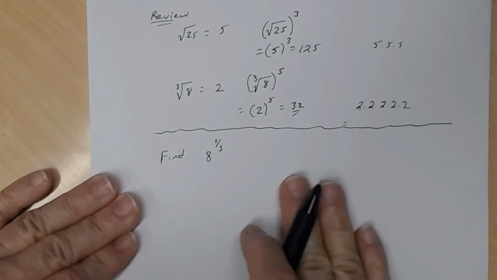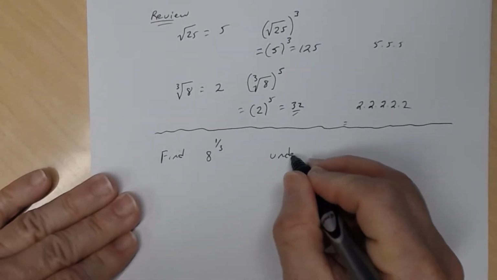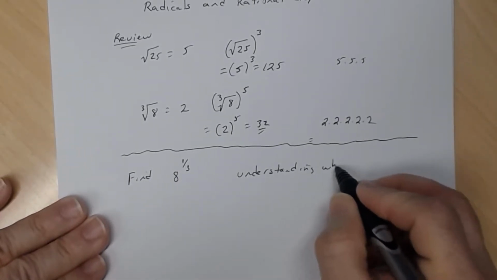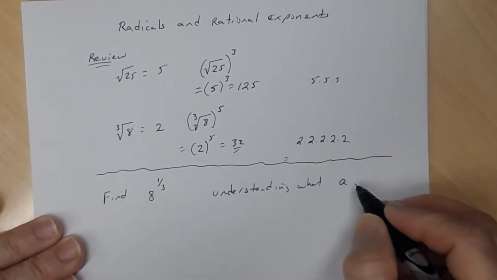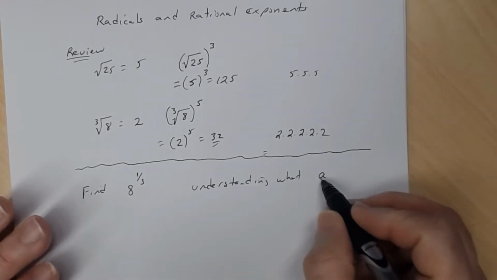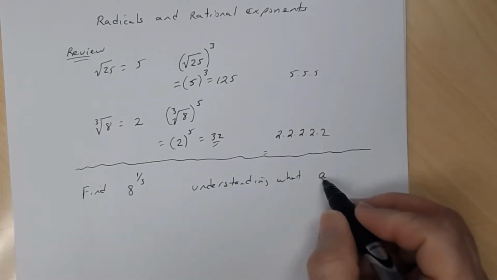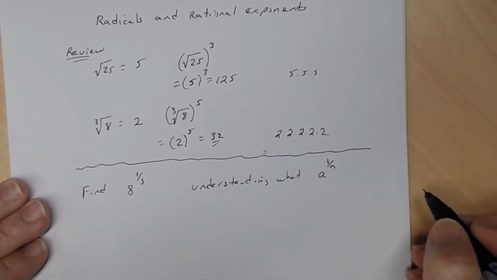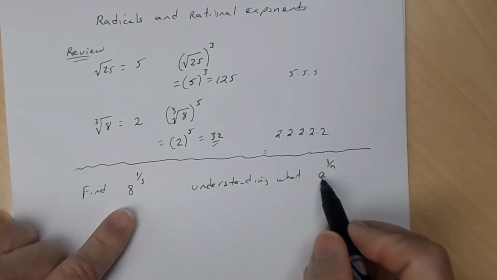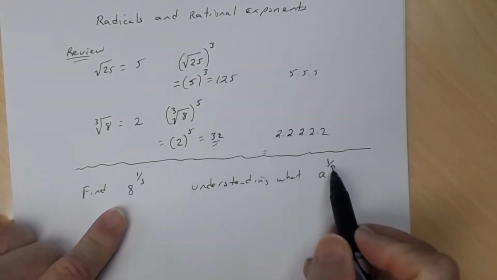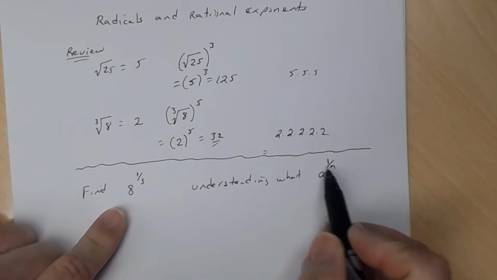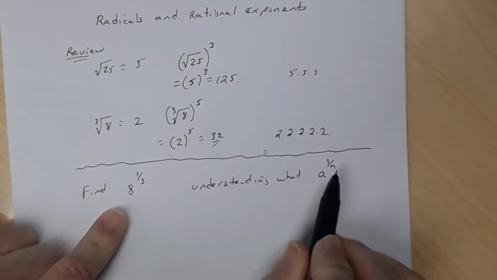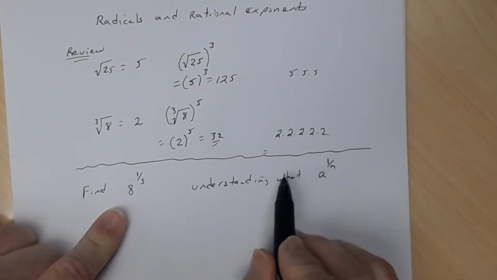So this part of the lesson is going to be called understanding what a non-zero number a raised to the 1 over n power means. So my base here is 8, and my exponent is 1 divided by n, so here it's 1 divided by 3. So we're going to discuss what this right here means.